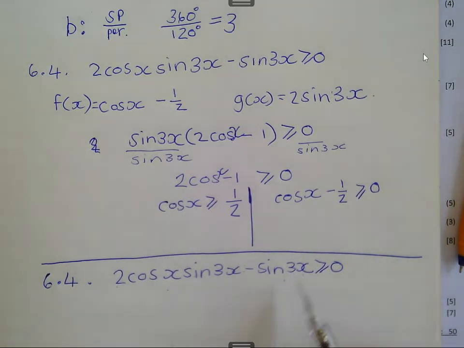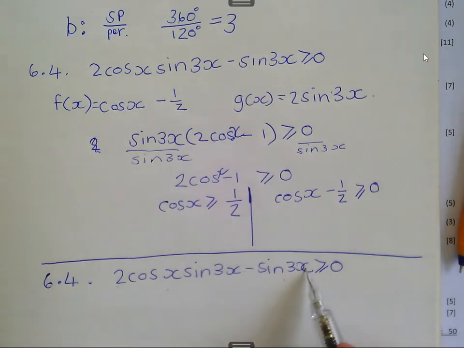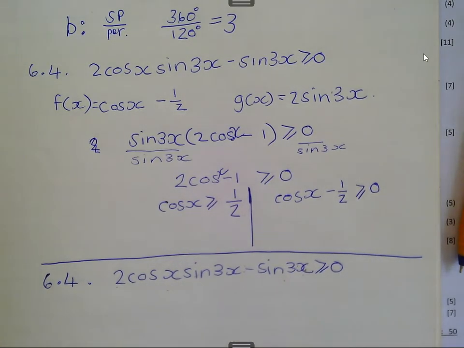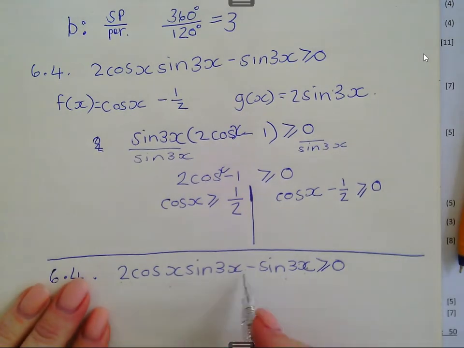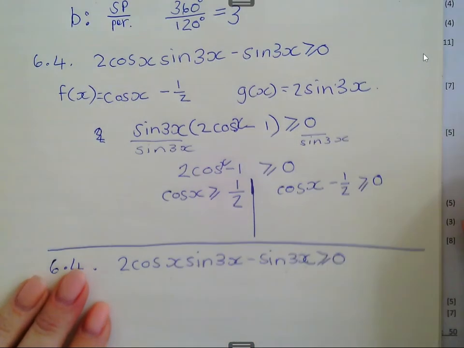It can't even become tan because this is 3x and cos would be x. So can you see that is not an option for us? The other thing we can do is, like we said, we take out the sin 3x in common, or you can say you divide by sin 3x. You understand that those two are the same, no?